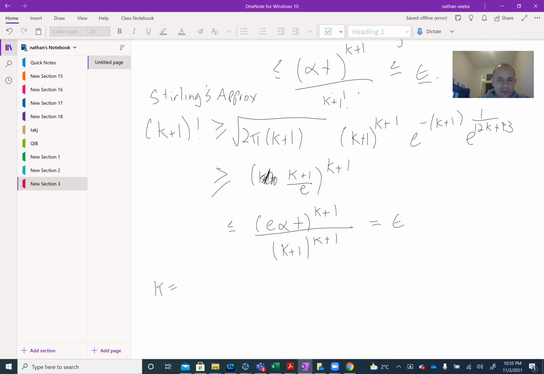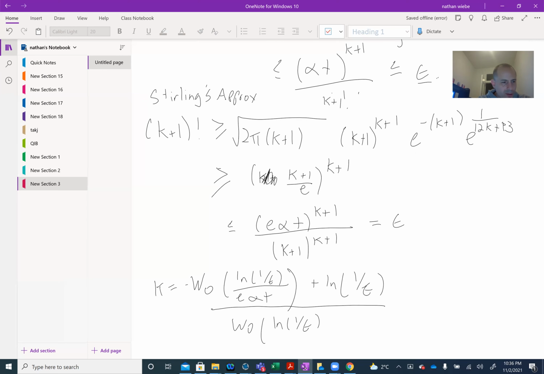is equal to the Lambert W function with a negative sign of ln(1/epsilon) divided by e alpha t, plus ln(1/epsilon), all divided by W0 of ln(1/epsilon) divided by e alpha t.